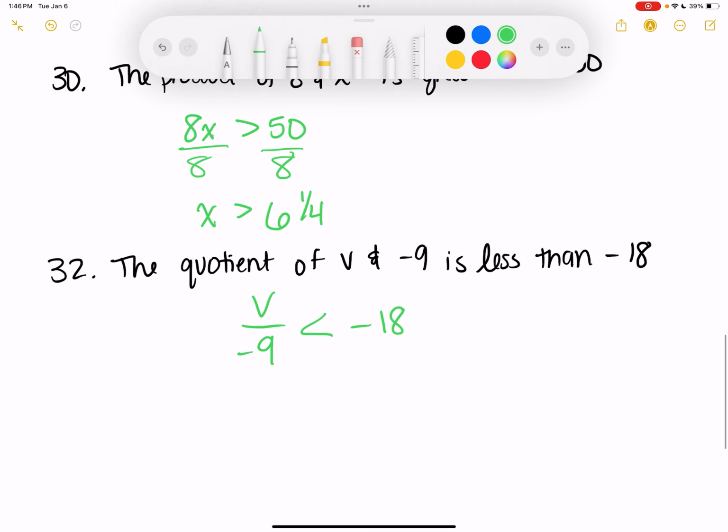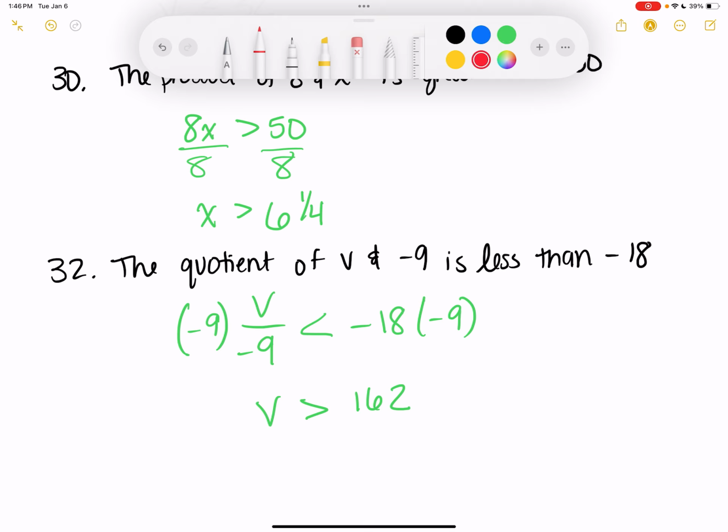And then times both sides by negative 9 and you flip the sign. So v is greater than 162. That's what I was going to say. It's multiplication.